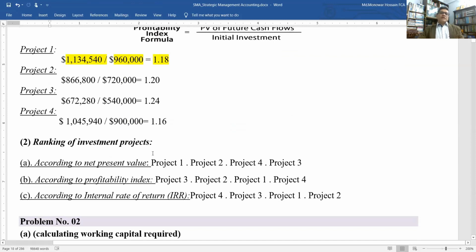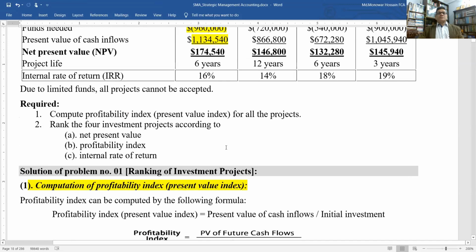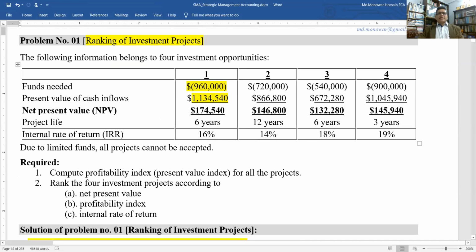Okay, so for the ranking of investment projects, first according to net present value. Look, NPV is higher for project 1, then project 2, then project 4, then project 3.